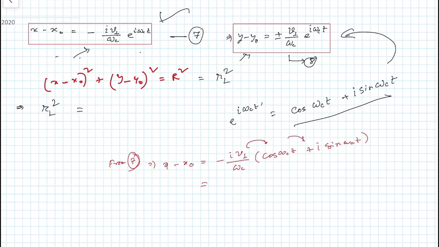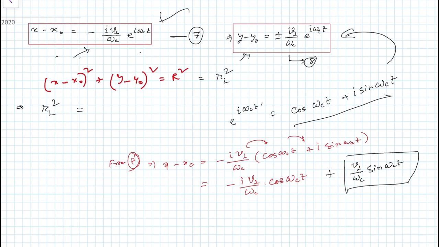If you multiply this, you will get minus i v perpendicular by omega c into cos omega c t, minus i square, which becomes minus 1, since i square is equal to minus 1. Then v perpendicular by omega c into sine omega c t. This minus 1 and the minus make it plus. So this is the real part here.